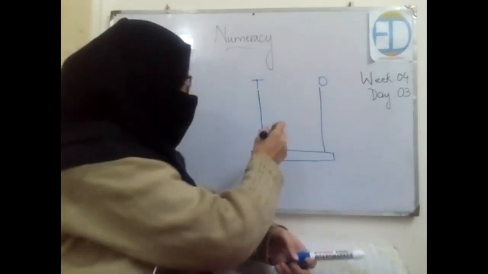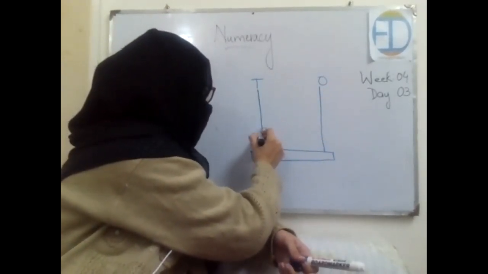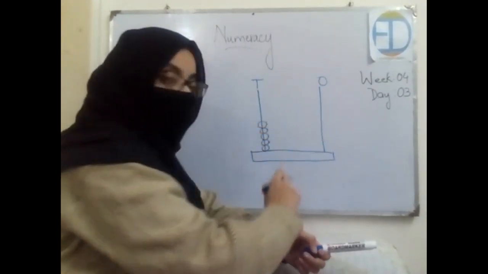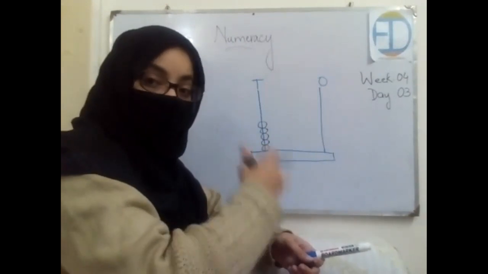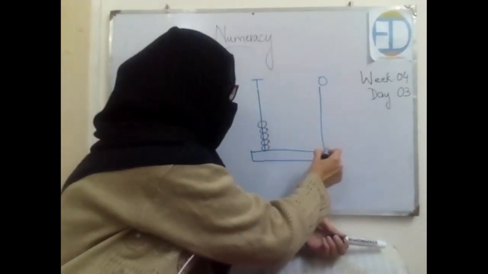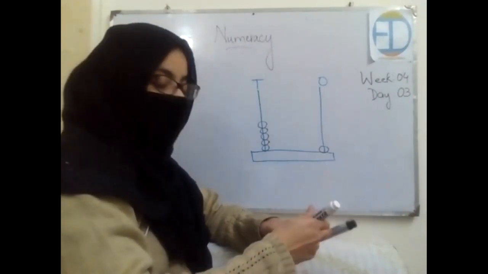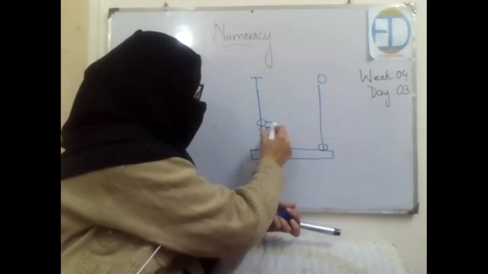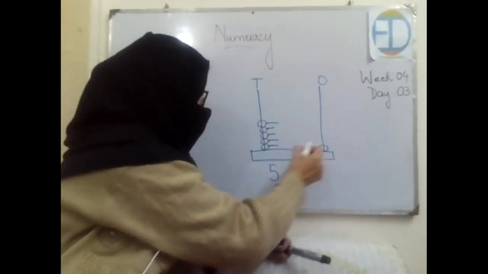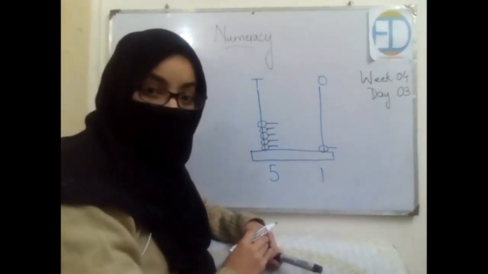That every time we will be having 5 beads on the tens side, right? Okay. And the number of beads on the ones column will vary from 1 to 9, right? Okay, count the number of beads and tell me what the number is. 1, 2, 3, 4, 5, and 1. So the number is 51.